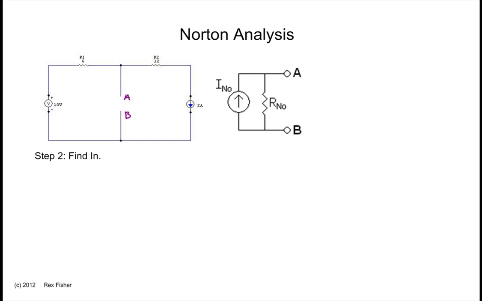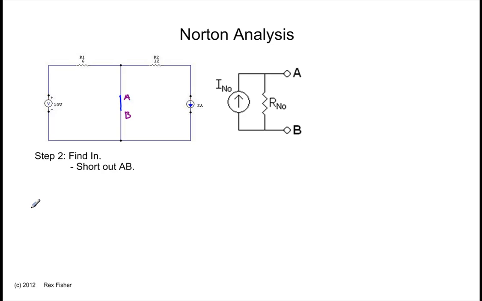The next step is to find the Norton current. To do that, we must first short out A and B. Now we can find that current that flows through the wire, or the Norton current.